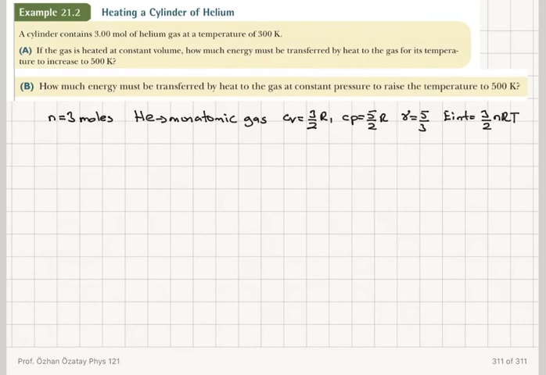If the gas is heated at constant volume, how much energy must be transferred by heat to the gas to increase its temperature from 300 Kelvin to 500 Kelvin?